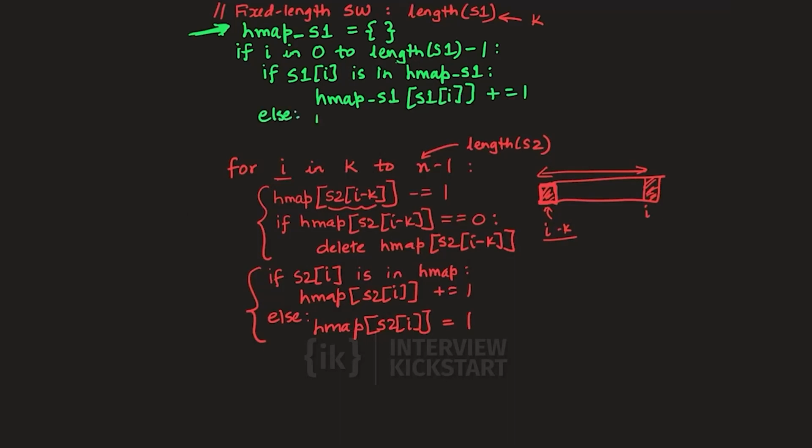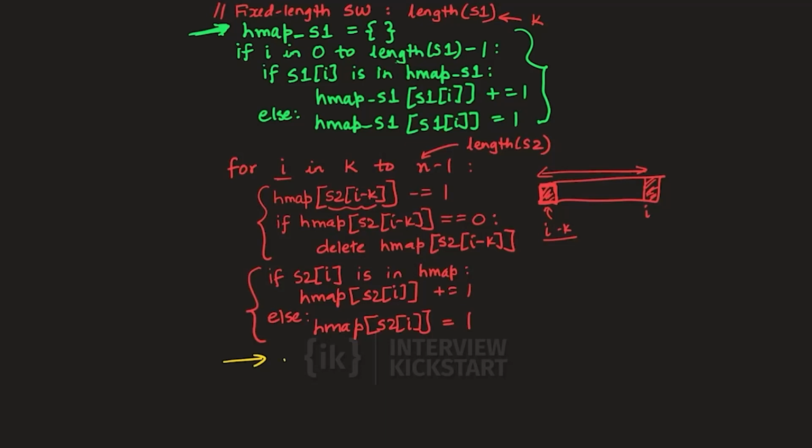Otherwise we just set its frequency value to be equal to 1. So that populates our hmap underscore s1, our frequency table for the string s1. And what we have to do here is to compare these two frequency tables.